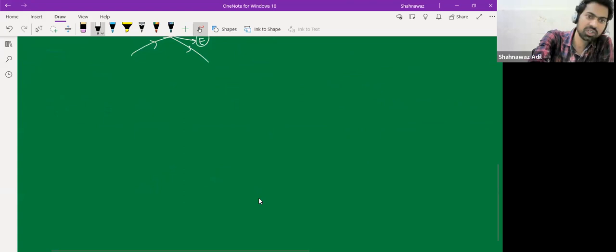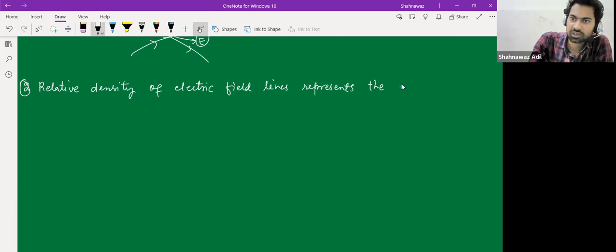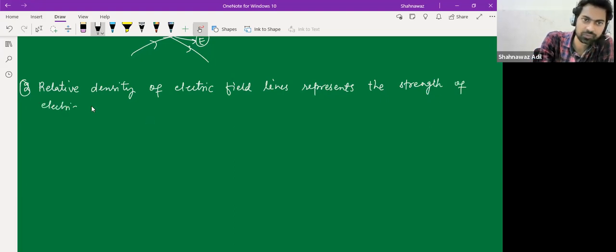So the second property is about the density of the electric field lines, right? The relative density of electric field lines represents the strength of electric field. Right.